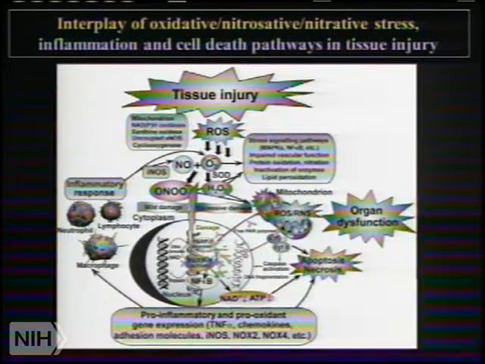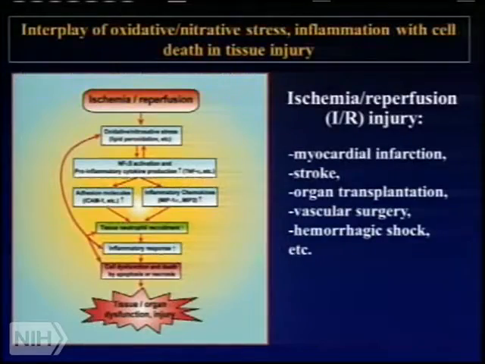And also when necrosis happens, it will lead to release of various cellular material which activates the inflammatory response, and these inflammatory cells then produce more nitric oxide and also reactive oxygen and nitrogen species.